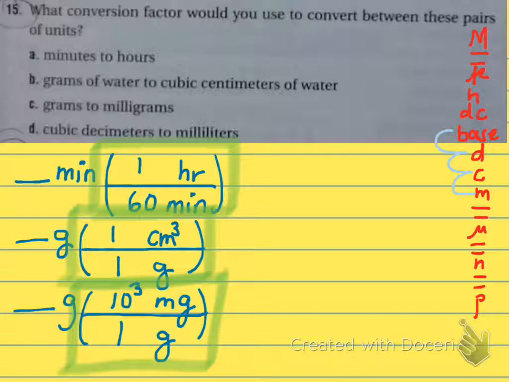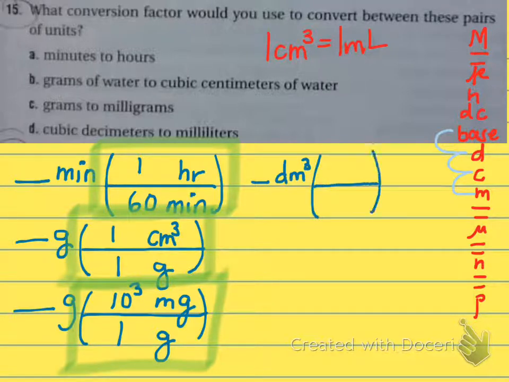This last one, cubic decimeters to milliliters, this is kind of a trickier one. This one is using the idea, or wants you to remember, that 1 cubic centimeter is the same as 1 milliliter. So again, idea here is I'm starting with something in decimeters cubed. So I'm going to go from decimeters to centimeters.